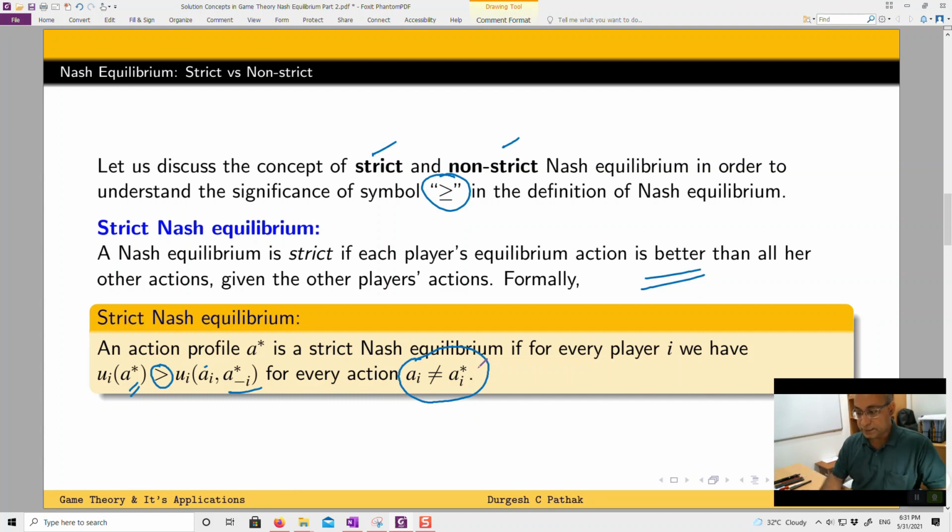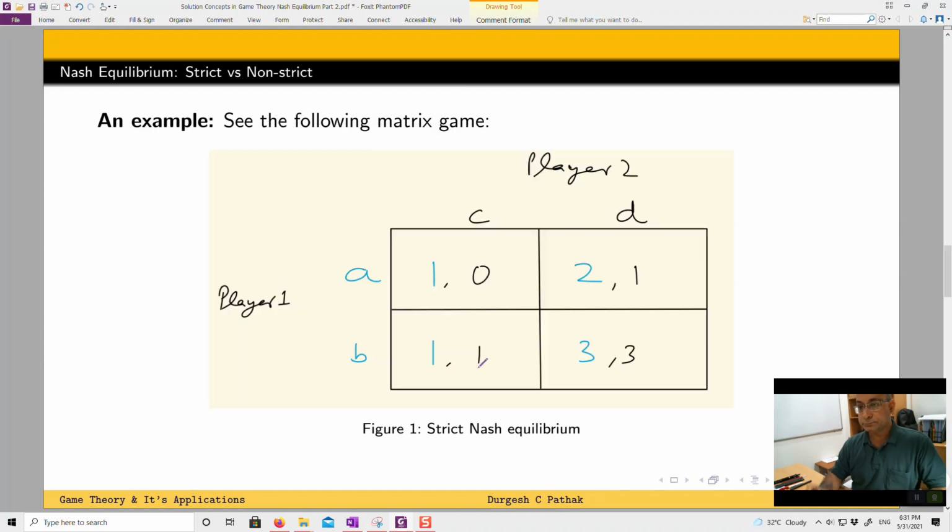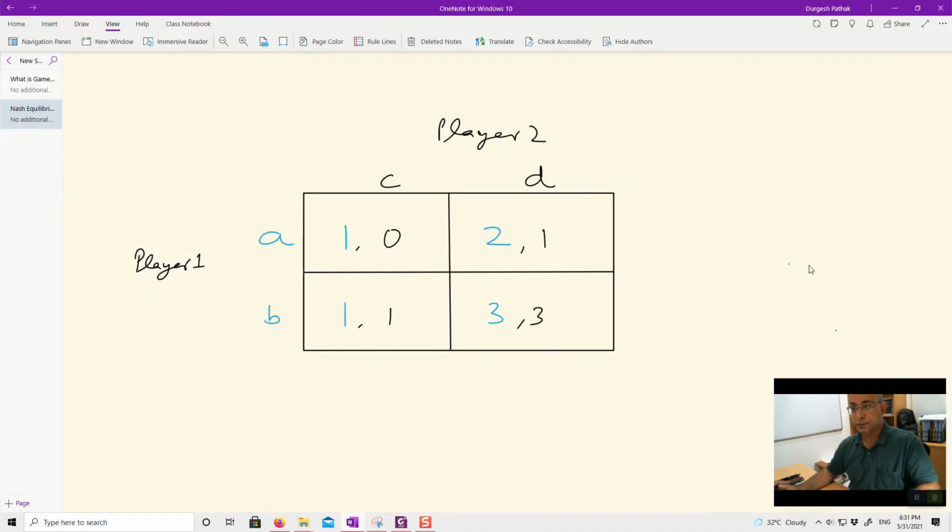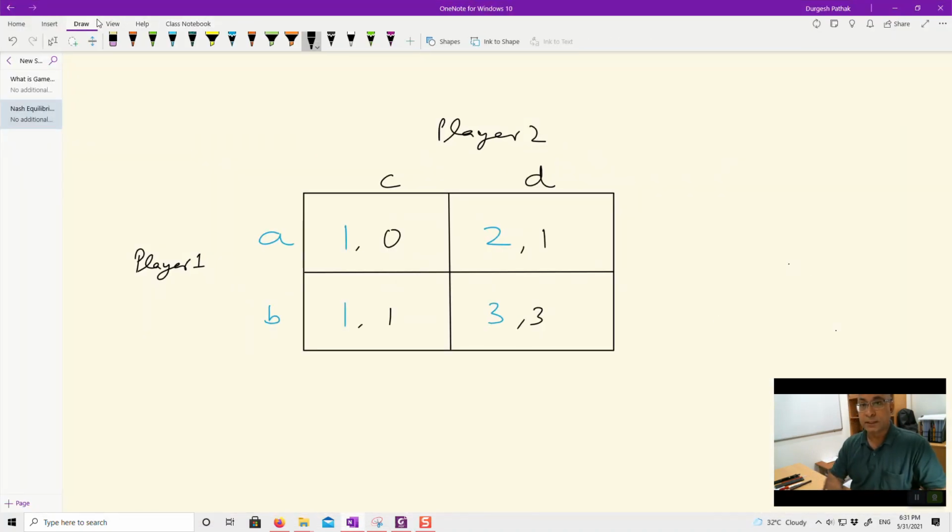So let's take an example and then it will be clearer. See this game here. Player 1 has two actions, A and B, and player 2 has two actions, C and D. Let's go back to our trusted friend OneNote, which will be more colorful here. First we have to identify what the Nash equilibrium is here.